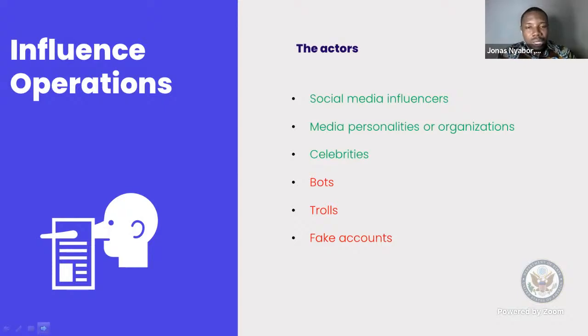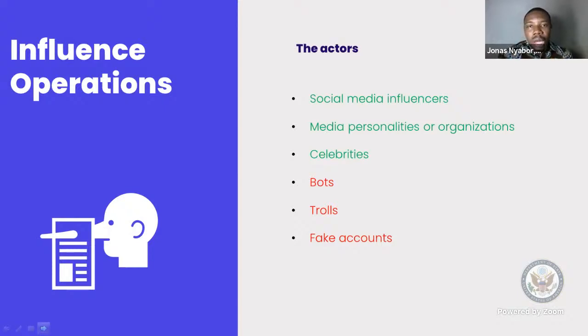In the previous slide, I said that because these social media platforms are growing, there are a lot of people who have gained influence because they have a large following. They are very influential on these platforms, and so whatever information they put out there is very much trusted and believed.